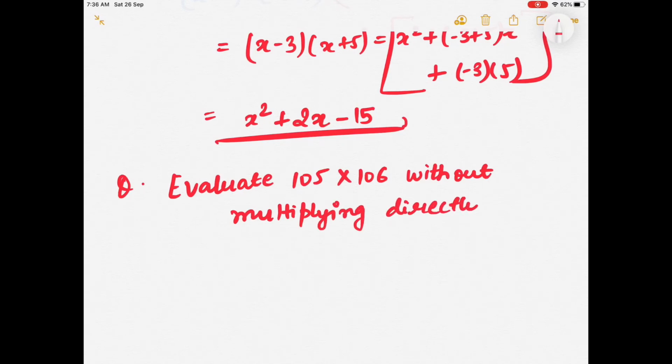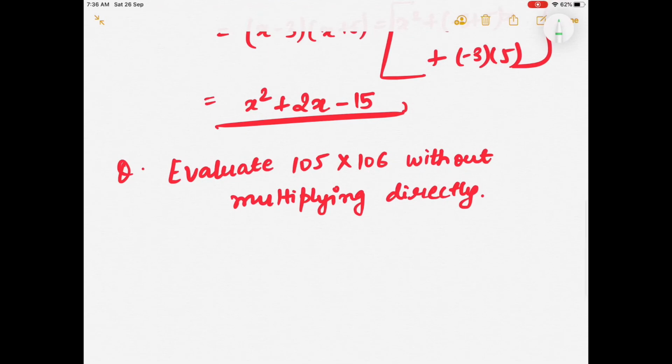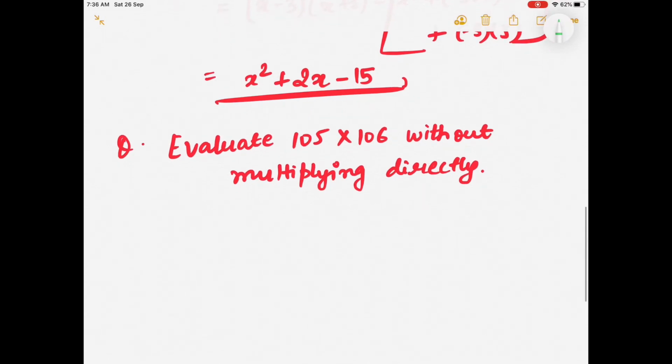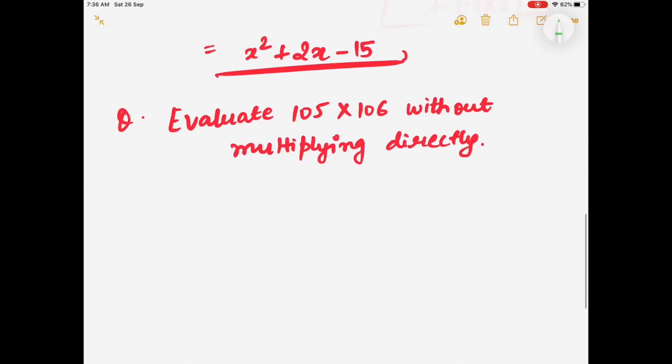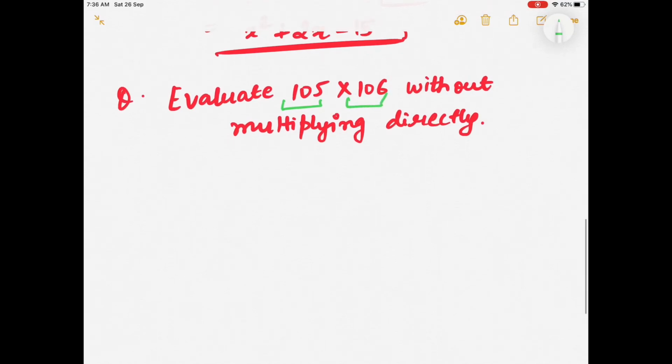Now what will we do here if we need to get the answer? We will use a mathematical identity here. Now how do we use a mathematical identity here? When we expand 105 and 106 separately, what do we get?